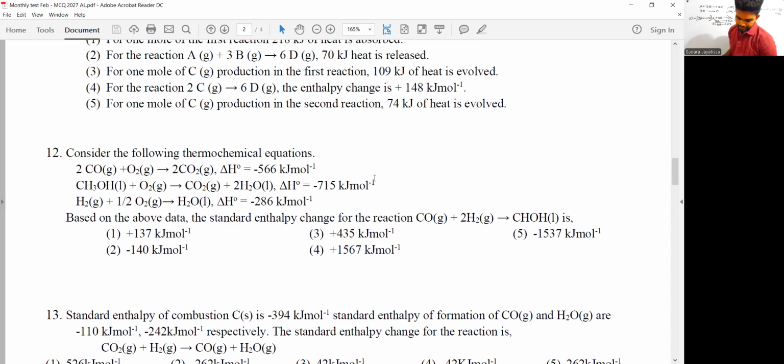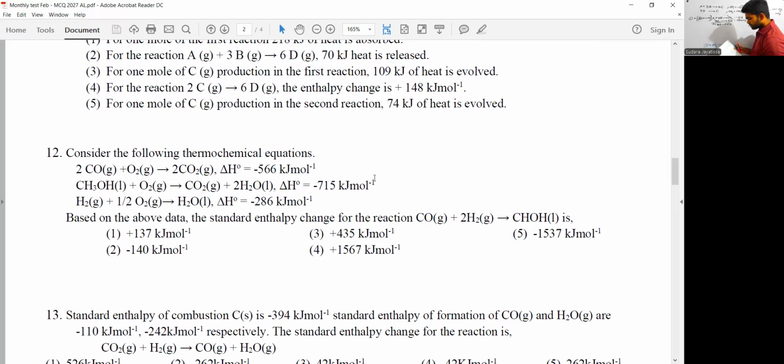Your unknown equation is carbon monoxide reacts with 2H2 to form CH3OH liquid. Okay, I'm going to skip physical states because there's no same compound or element with two physical states here. So they're asking for the enthalpy change of this one.